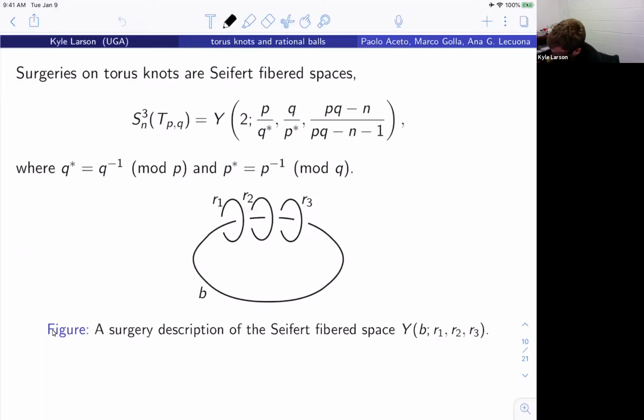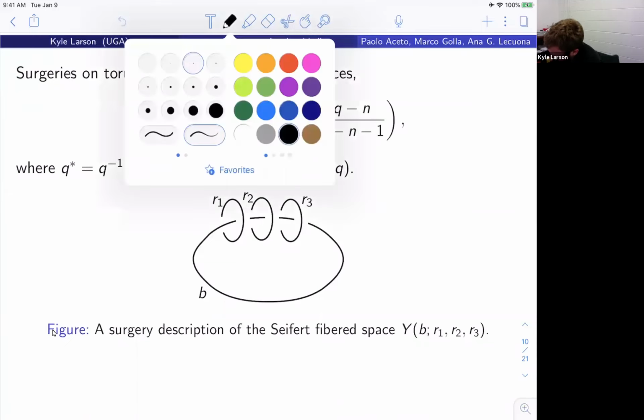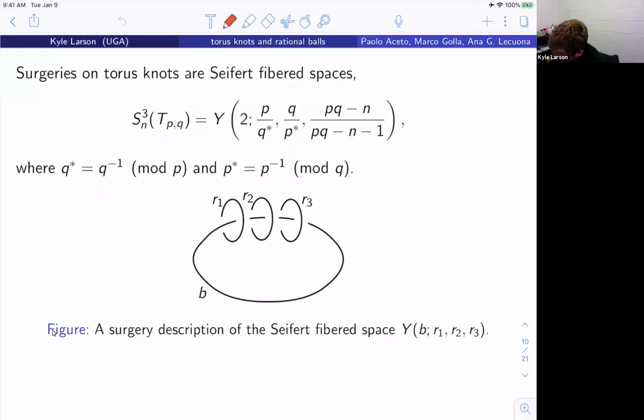The main theorem: we want to classify which positive integral surgeries on positive torus knots bound rational homology balls. So classify which of these 3-manifolds bound rational homology balls. This is the goal.